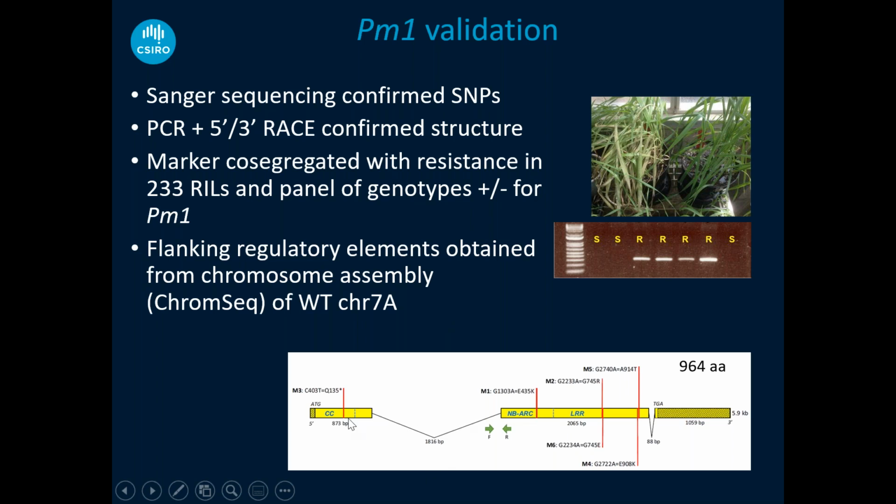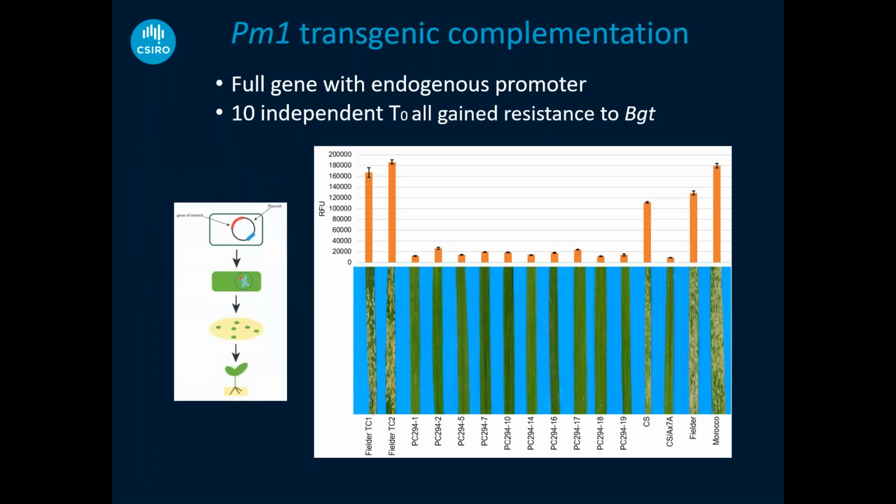So you can see here that the intron is what was hampering finding a single candidate, and this gene was 964 amino acids, and all the SNP mutations were non-synonymous, so they cause an amino acid change. The final validation came with transgenic complementation.